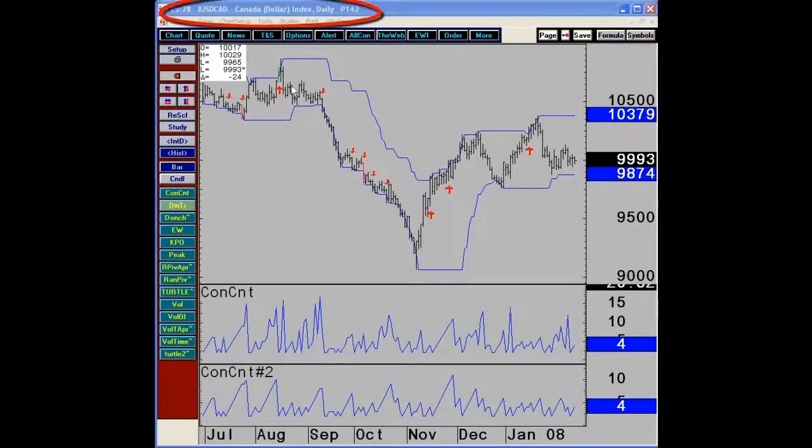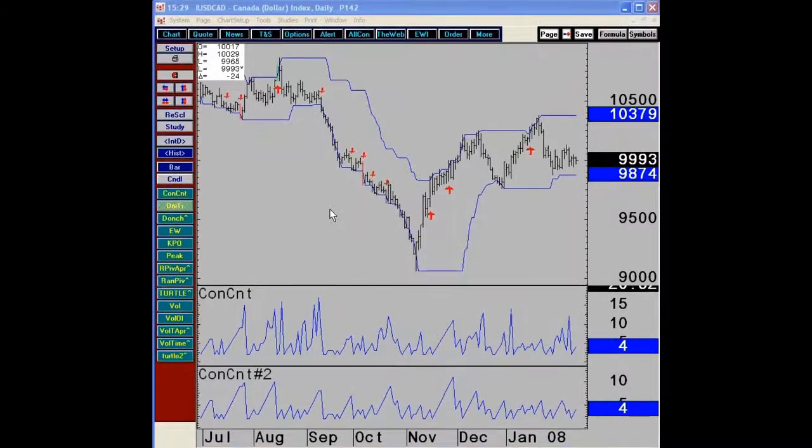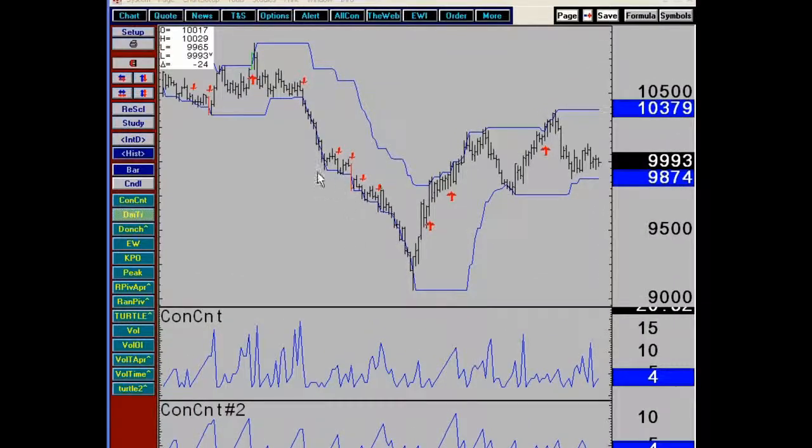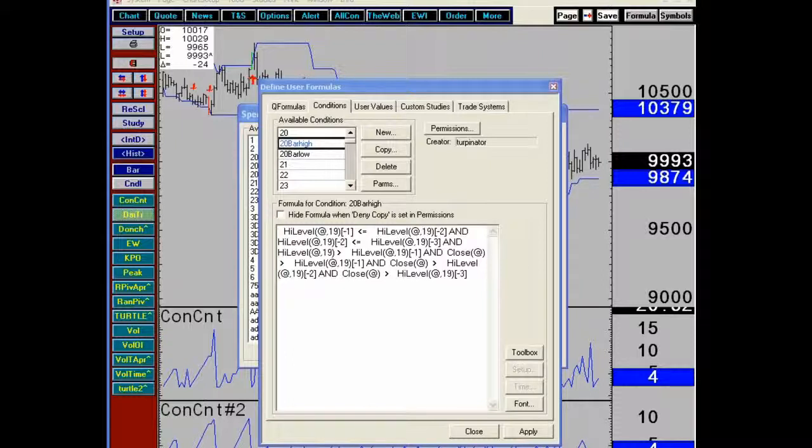Here we can see on the chart, which is dollar Canada, there's various down arrows that are marked, and we can see that it's not necessarily marking every single bar that we make a new 20 bar low or 20 bar high. The reason for this is that I've asked that the previous pattern before we actually break out of a 20 bar high or low is meeting certain criteria.